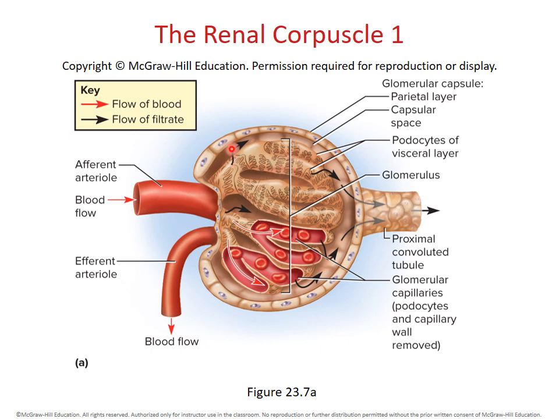As we said, once material does filter out of the capillary, out of the glomerulus and through the filtration slits, it then winds up in this hollow space between the parietal layer and the visceral layer, and of course this is known as the capsular space where filtrate accumulates.